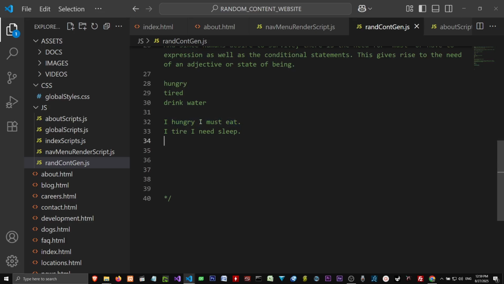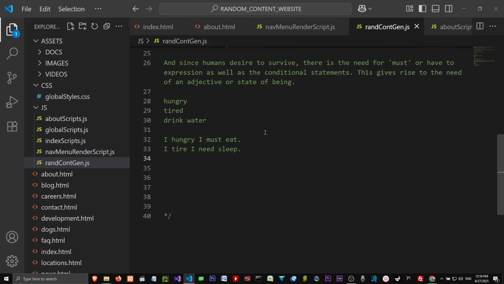But if you said I hungry, I must eat, I tired, I need sleep, we understand what needs to happen because we've long associated I as me, hungry, I need food, must means the need, I have to do it, or else I die, eat, right? So this is laying the groundwork for other things to come, linguistically speaking.